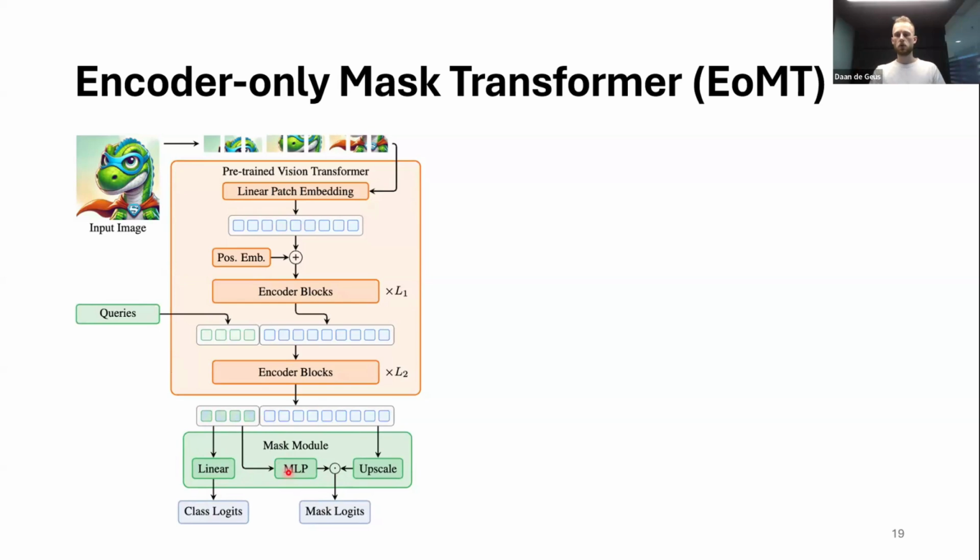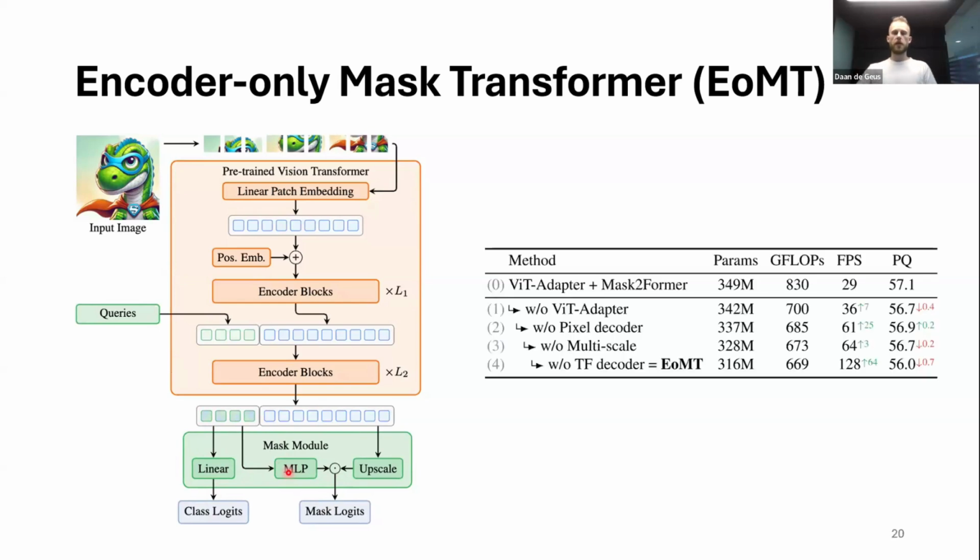Now, how about the results? We've seen this table before, right? So before we had step 0 to 3, and now in step 4, we also remove the transformer decoder and end up with our EoMT. Now, in this case, as you can see, if we focus on efficiency in frames per second, we see again a substantial improvement.